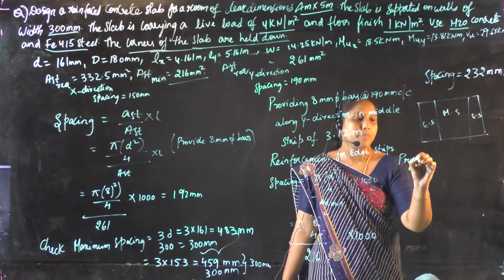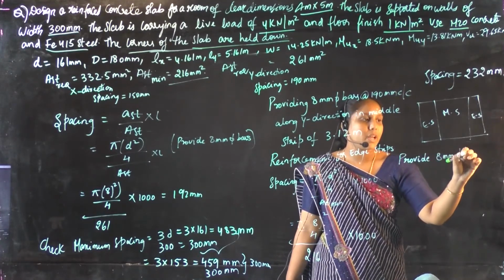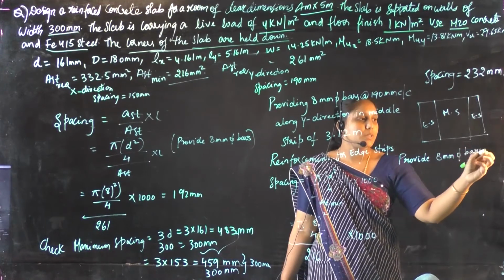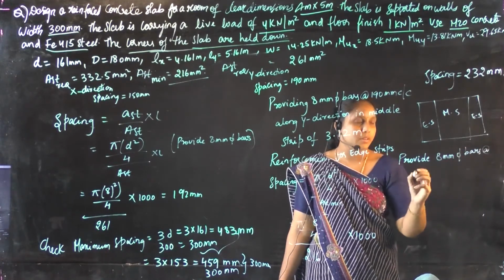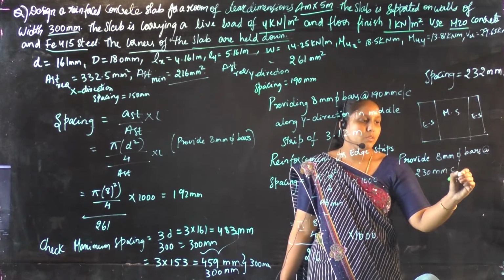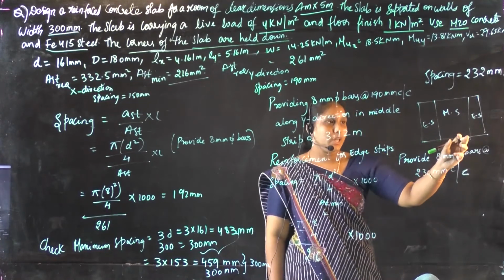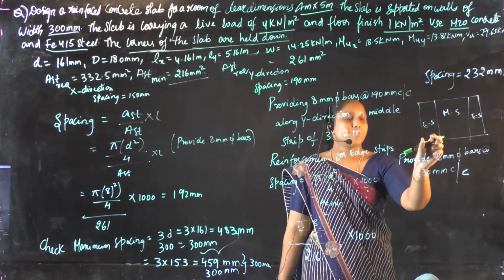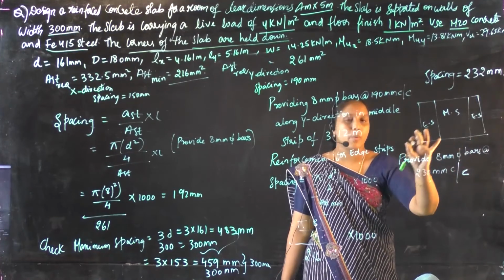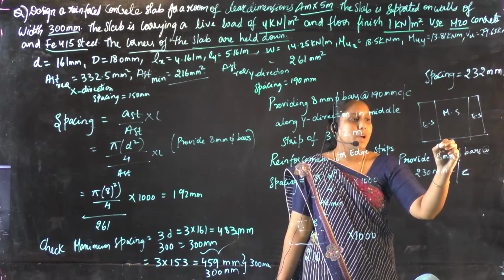So here we should provide 8 mm dia bars at 230 mm center to center. The center to center spacing here I am taking as 230 mm. So at these edge distances we are going to provide these bars. This is for the span LX.